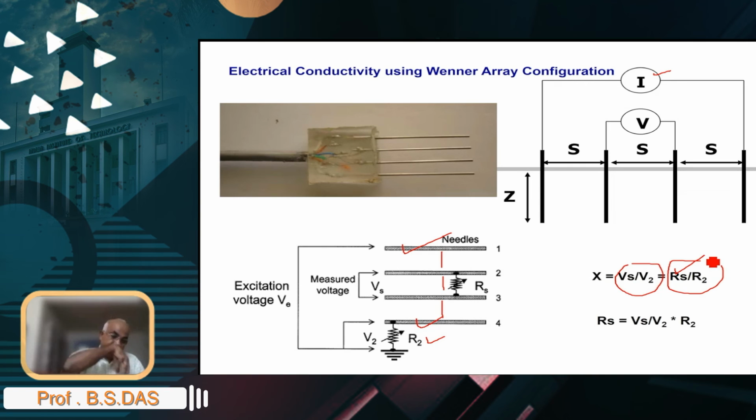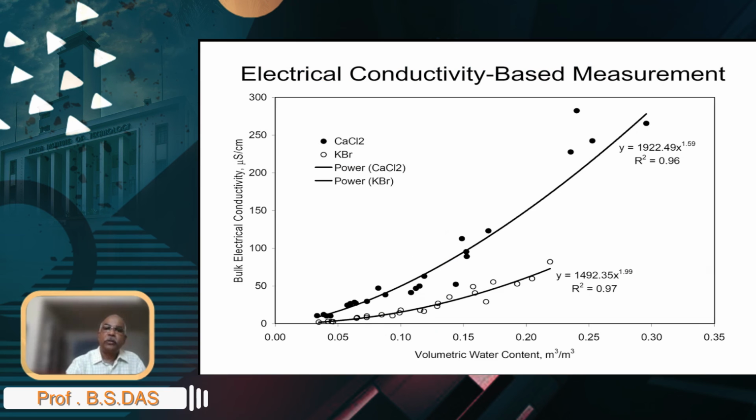Getting that resistance, you can do a calibration between the resistance of moist soil and different soil wetnesses, and look at a calibration curve which looks like this.